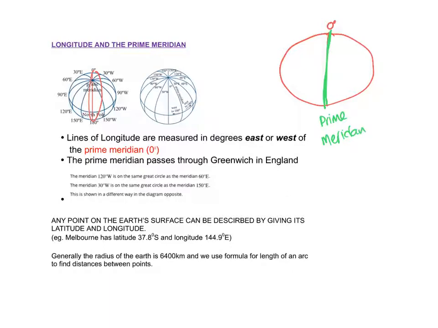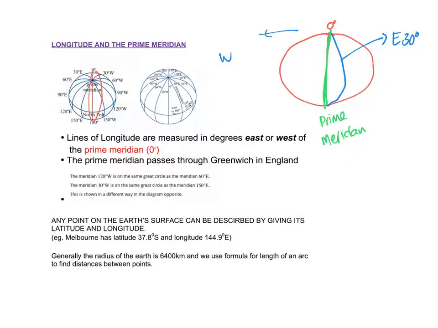Now where you go from there, they will tell you which way you swing. If you were over this one, like that, you've gone east of the 0. So it'll say you're east, and it'll tell you so many degrees, maybe 30 degrees or whatever. And if you go this way, you're going west.